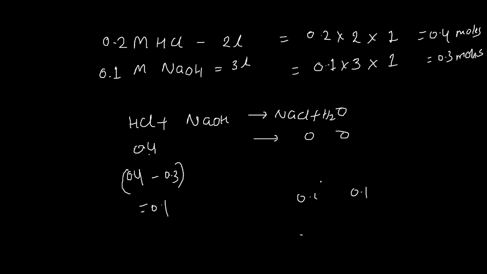So you can calculate the pH of the solution. The total number of moles that is going to be formed is 0.1, and this is water, so we will just cancel it.